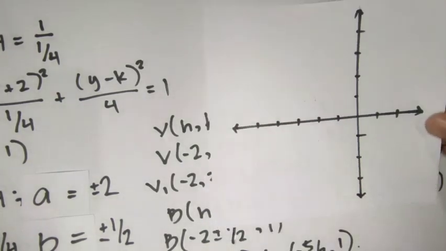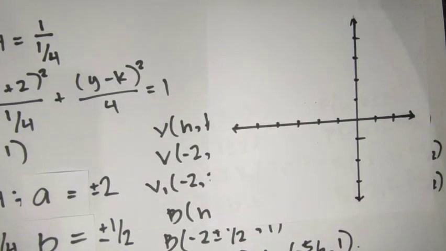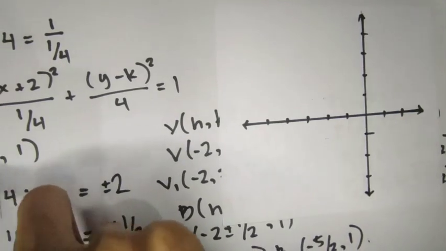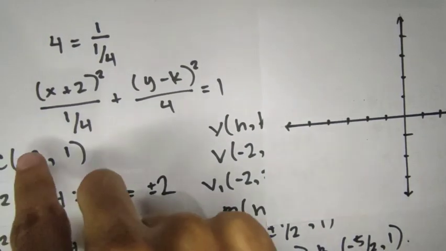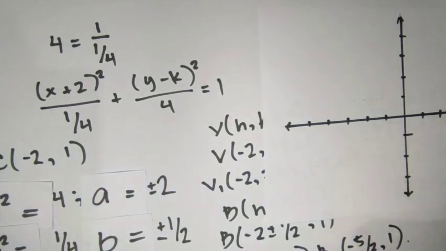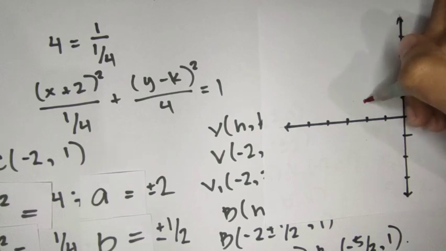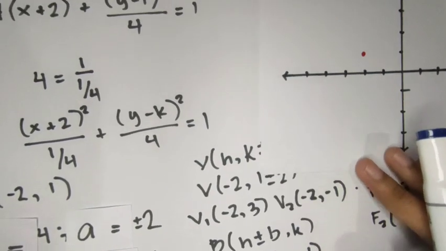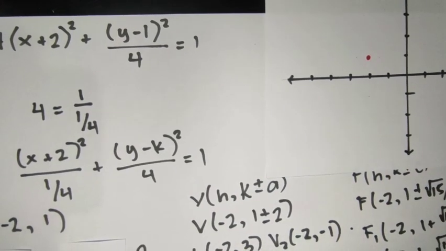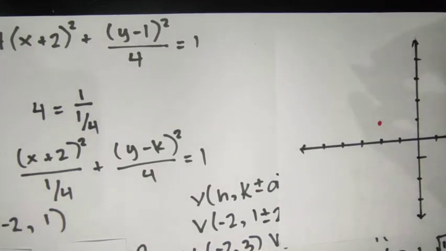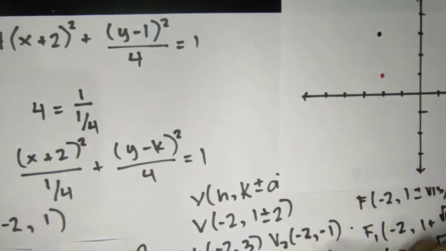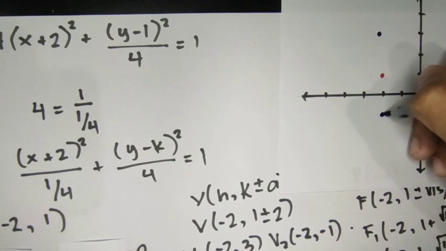And now we will graph the ellipse. Given our center at negative 2, positive 1, so it should be right here. For our vertices, it will be negative 2 and positive 3, and negative 2 and negative 1. So it will be right here and right here.